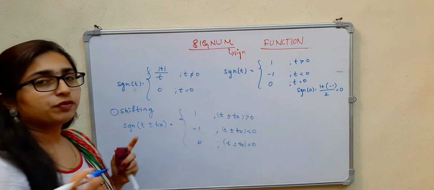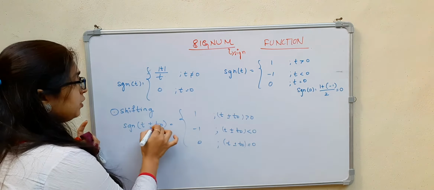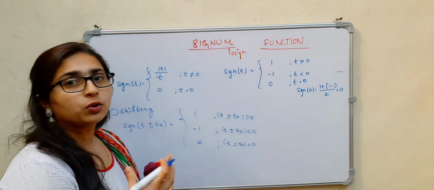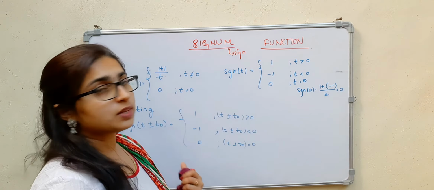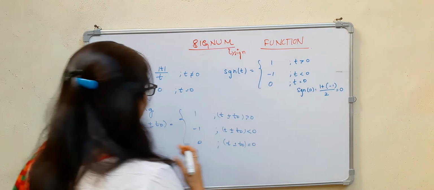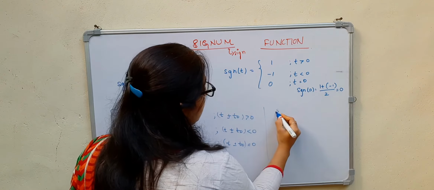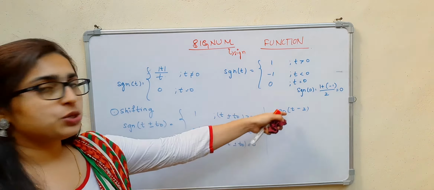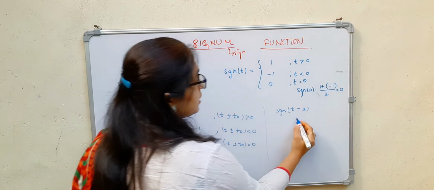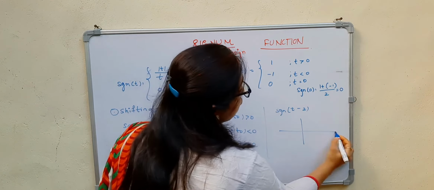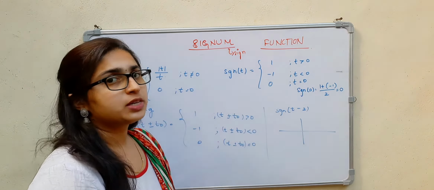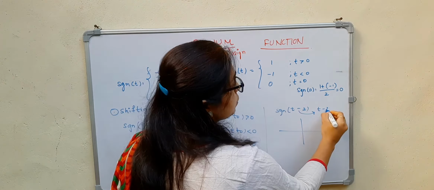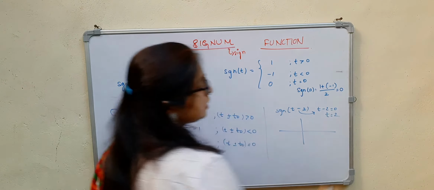So SGN of t minus t naught is nothing but the delayed function, and plus t naught means you are going to get the advanced version of this signum function. For example, if I consider SGN of t minus 2, it will be shifted towards the right by 2 units because we have t minus 2. It will start at t minus 2 equal to 0, that is t equal to 2.